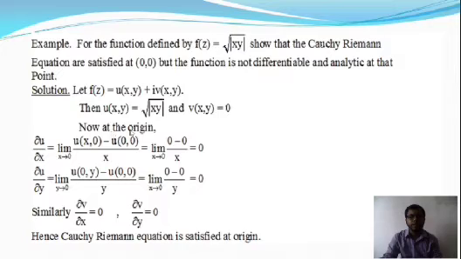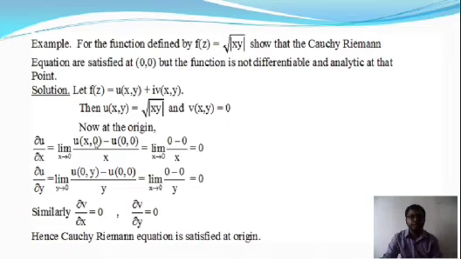So now at the point origin, that means 0, 0, del u del x. Del u del x is the partial derivative with respect to x, and this is the mathematical expression, the definition of the partial derivative with respect to x. So limit x tends to 0, u of x comma 0 minus u of 0 comma 0 by x is the partial differentiation with respect to x.